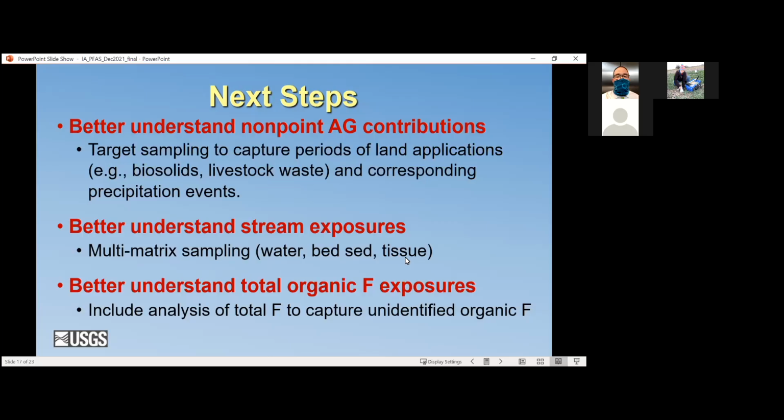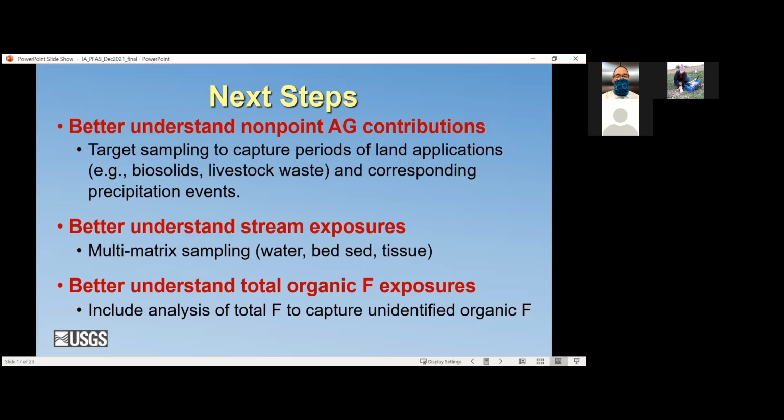And because, as I mentioned, there's over 4,700 individual PFAS, we're never going to be able to measure everything. So let's use total organic fluorine as a surrogate to better capture unidentified organic fluorine.